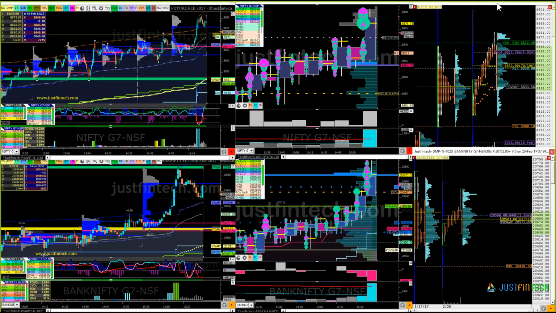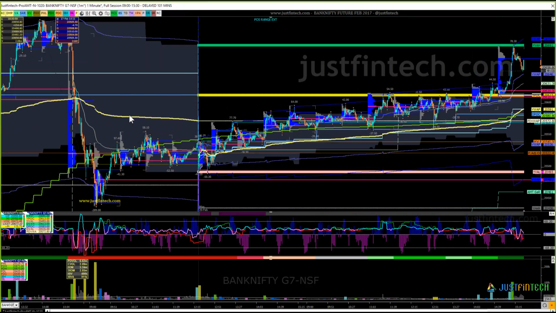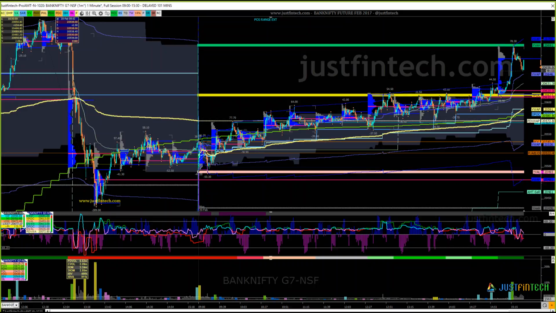Now Bank Nifty is trading near all-time highs, and a lot of momentum is still there. Now on the 1 minute chart, it was carrying on with a channeled move and continued the move from yesterday.